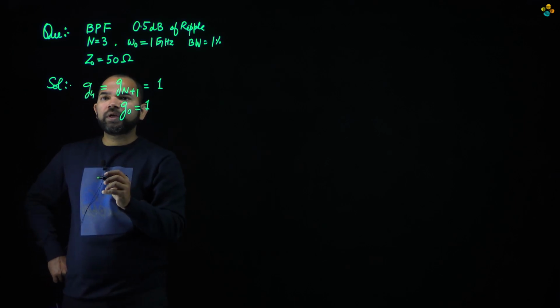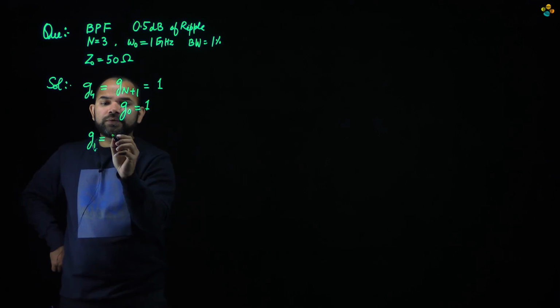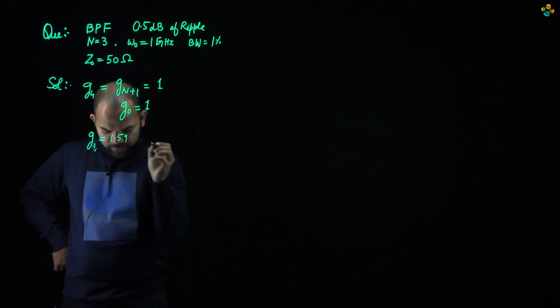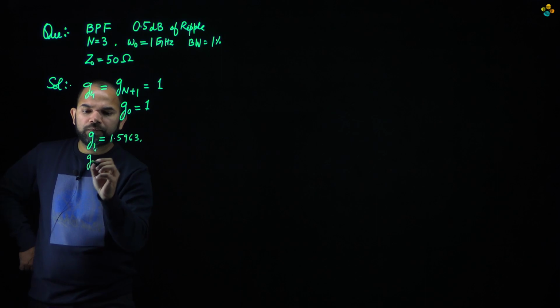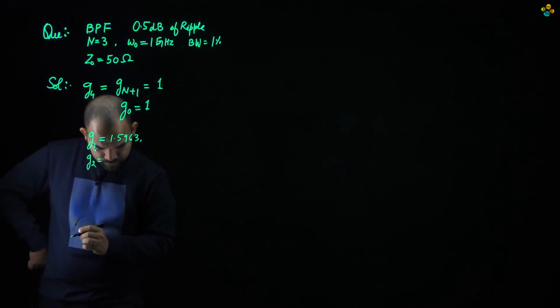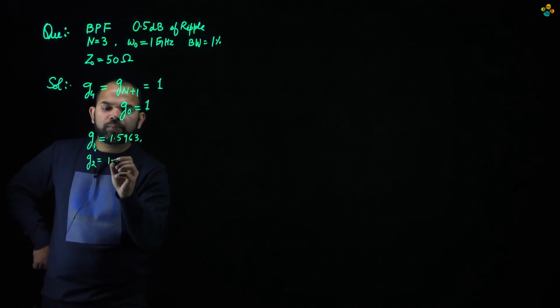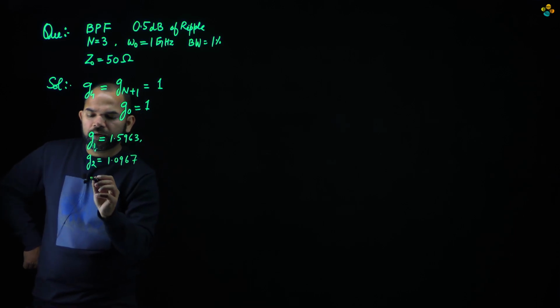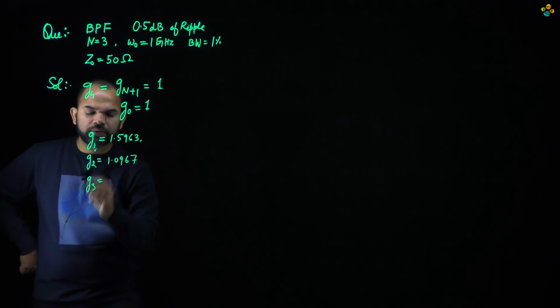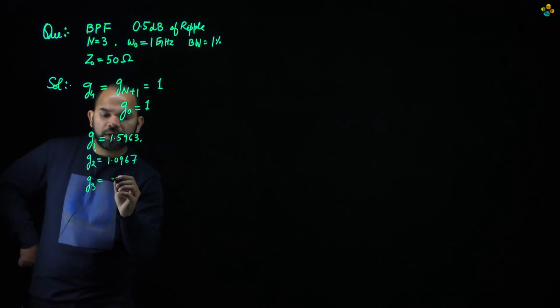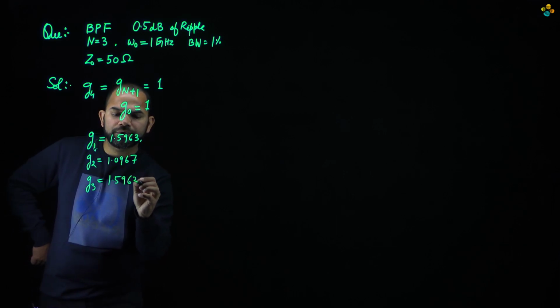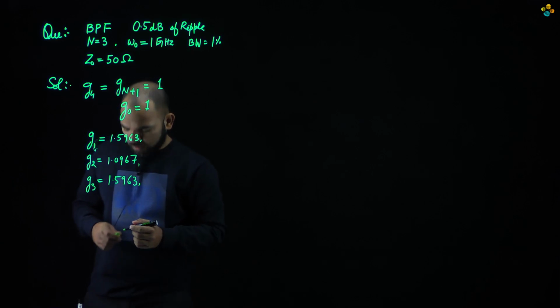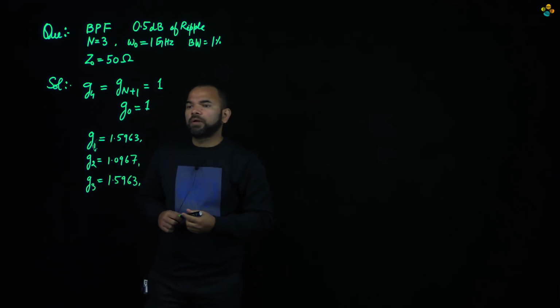What we are left with is G1 equal to 1.5963, and G2 equal to 1.0967, and we know that with these topologies they have some symmetry, so G1 is equal to G3. So now we have the G parameters.